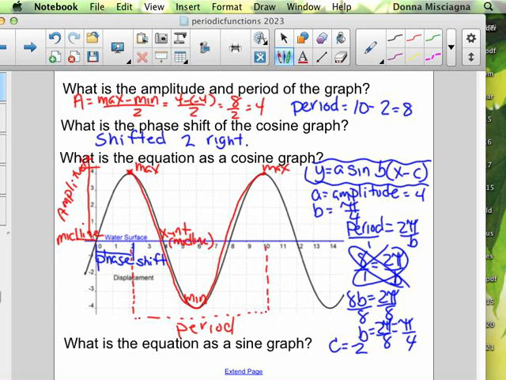So the equation for our graph as a cosine graph, we wrote a lot of them in terms of sine. I accidentally wrote sine there instead of cosine, even though we're writing this in terms of cosine.